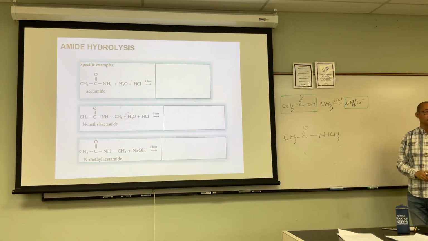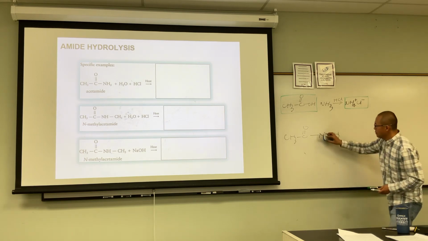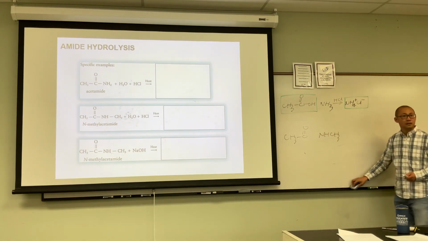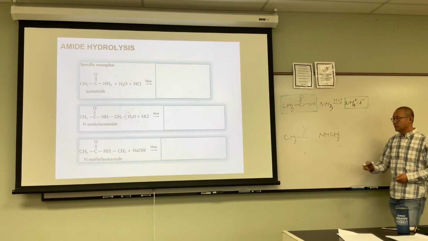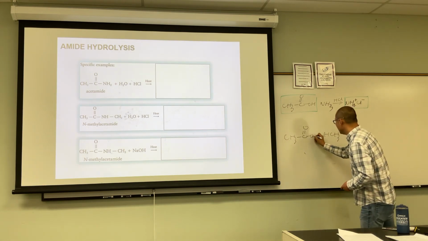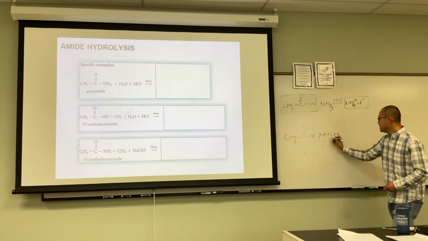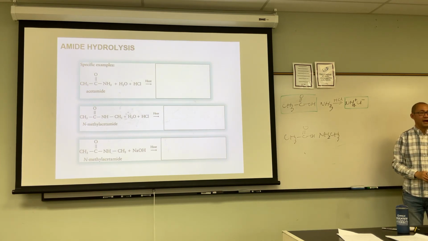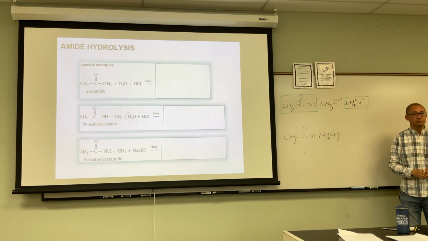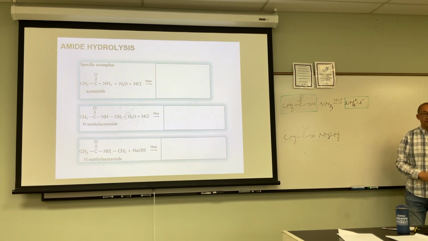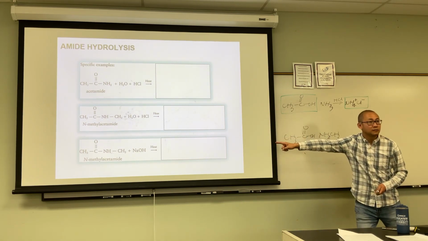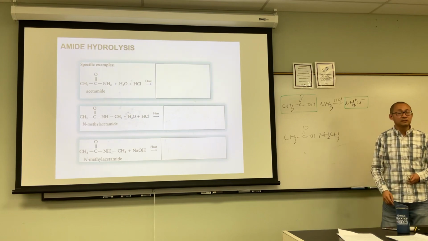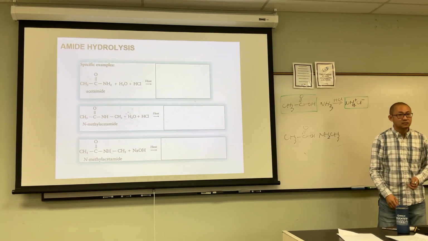Again, copy the structure first. Break the amide bond. Add the OH back to the C. Add the H back to the N. That's the first step. Then take a look at the condition. It adds what? Base.